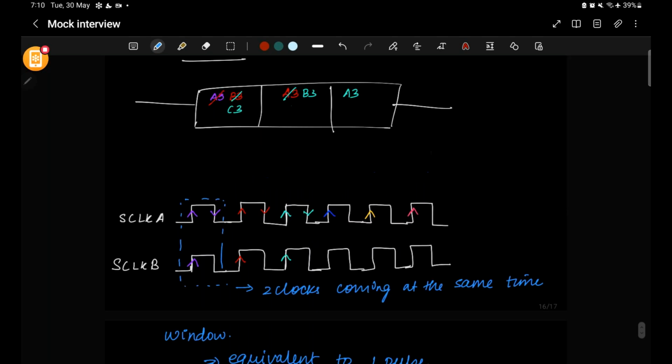Okay. So this is nothing but the first pulse. This is the second pulse. This is the third pulse. This is the fourth pulse. This is the fifth pulse. And this is the 6th pulse.